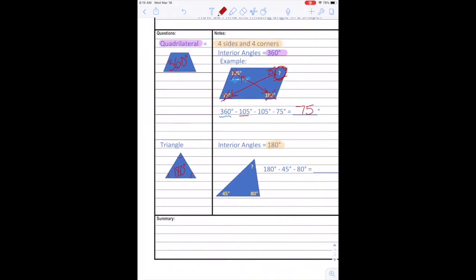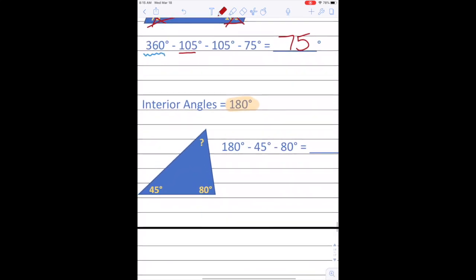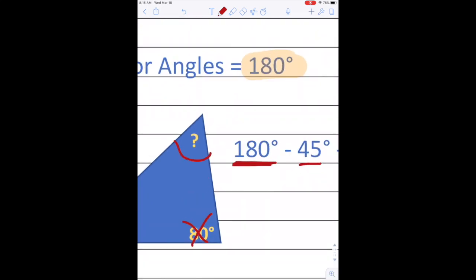Now we're going to do the practice problem, and they gave us some information. We have 180 degrees is what we started with, because that's the whole triangle. Then we're going to subtract the angles we know. So we know 45 and we know 80. And then we're going to find what's left, this angle.